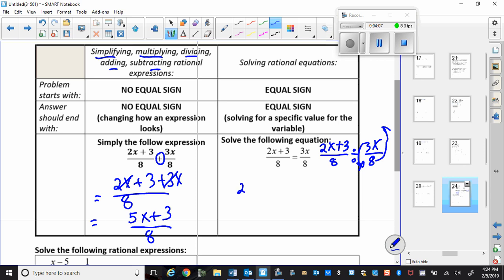So 2x plus 3 over 8, we flip it over times 8 over 3x. This goes away, and I'm left with 2x plus 3 over 3x. So that's another way of doing it, but I prefer if you didn't do it that way and just simplified.